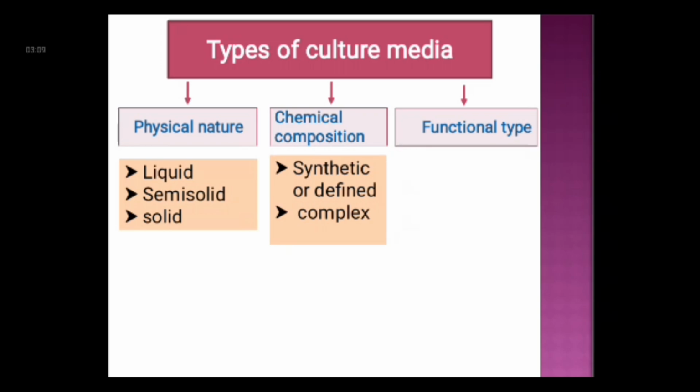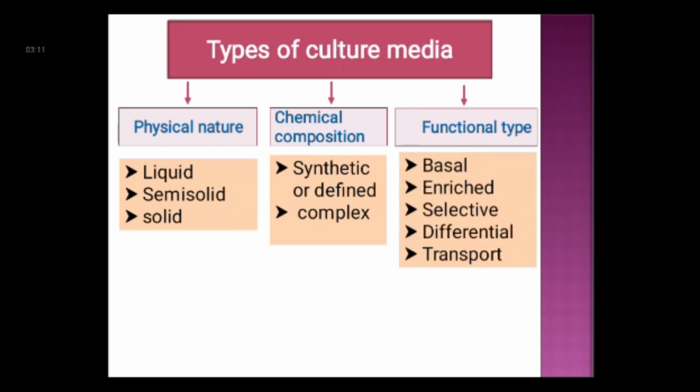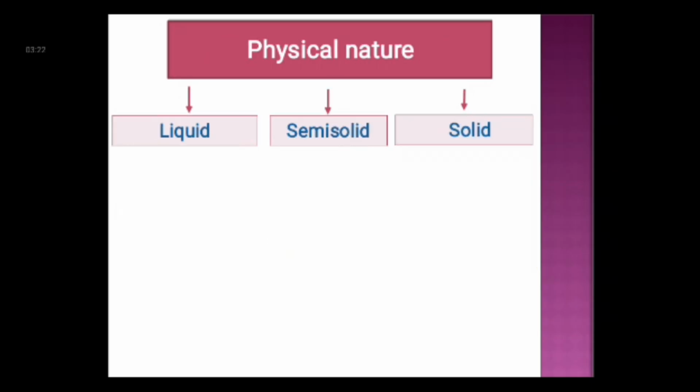Based on functional type, the culture media are basal media, enriched media, selective media, differential media, and transport media. Based on the physical nature, we have already discussed that these are liquid media, semi-solid media, and solid media.